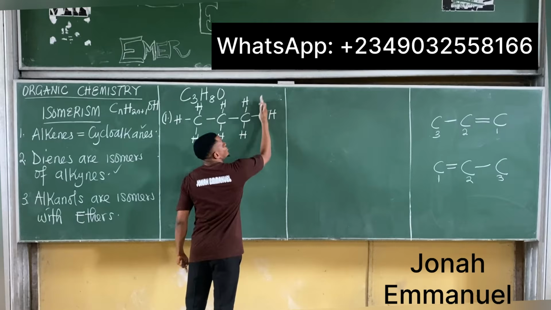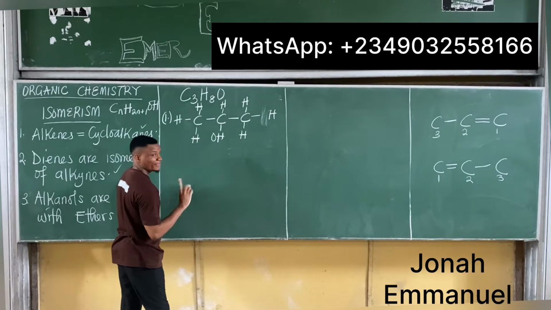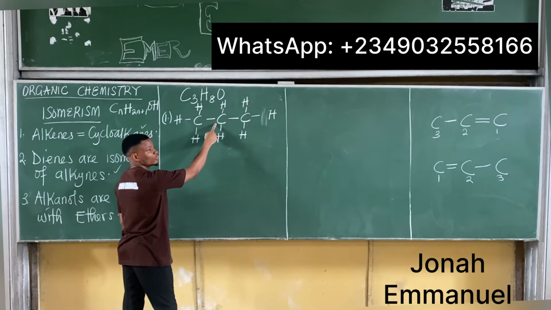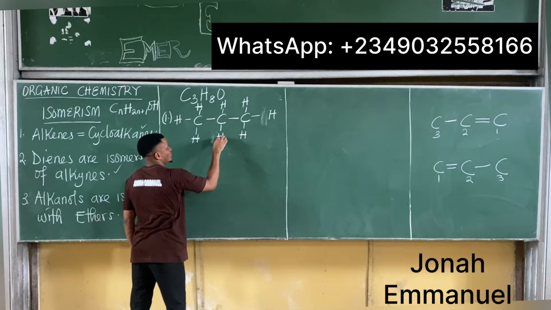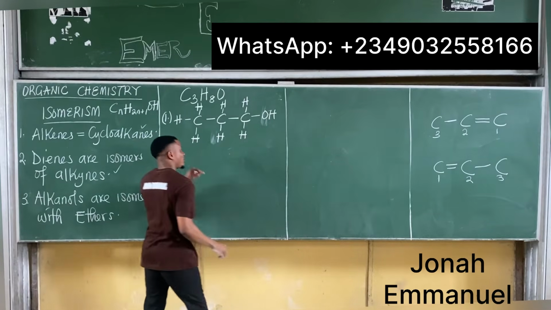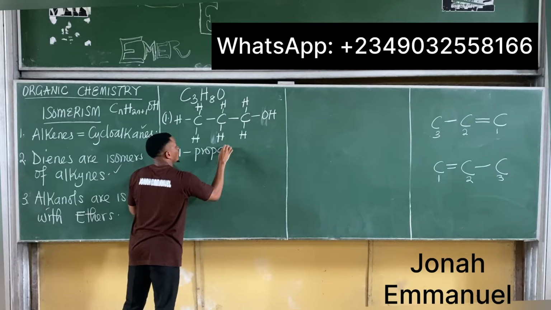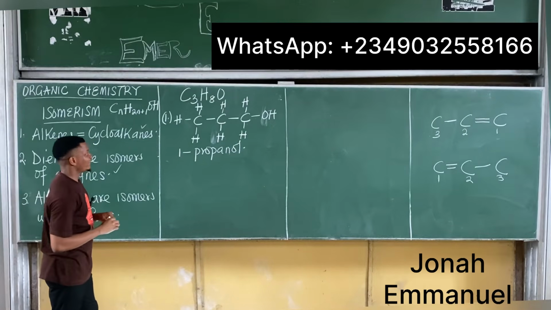Why? Because if I change this one here and bring it here, it cannot be the same thing, because at this point now, if I number it becomes 1, 2, so a 2 exists. All right, so bring this one here. This now becomes a 1-propanol or a propan-1-ol. That's the first one there.